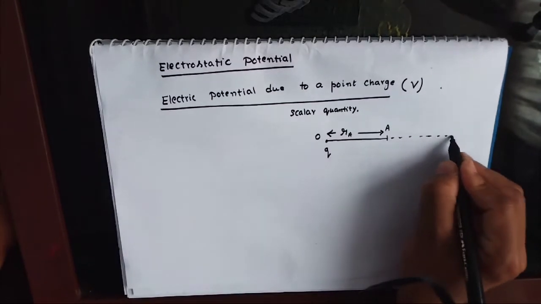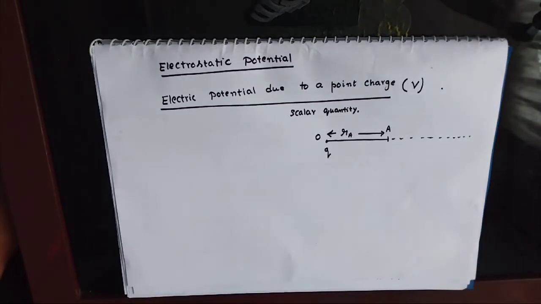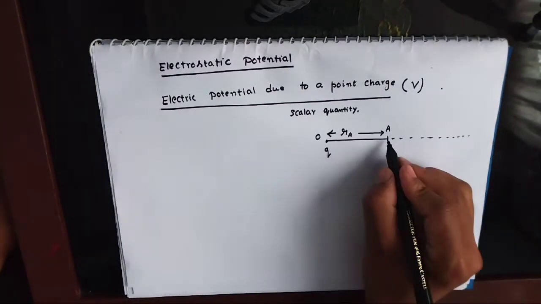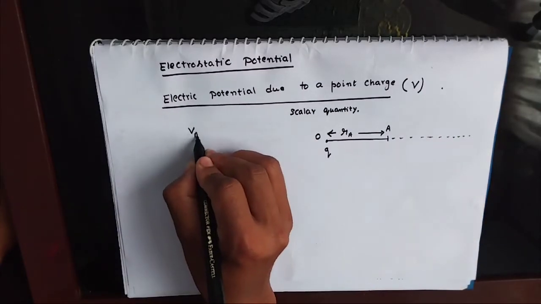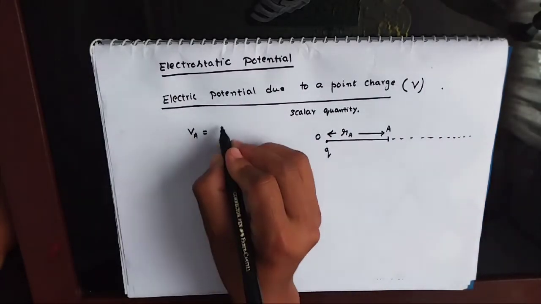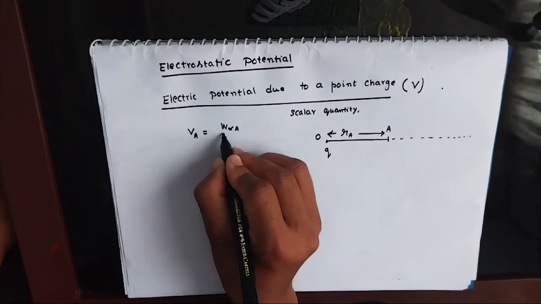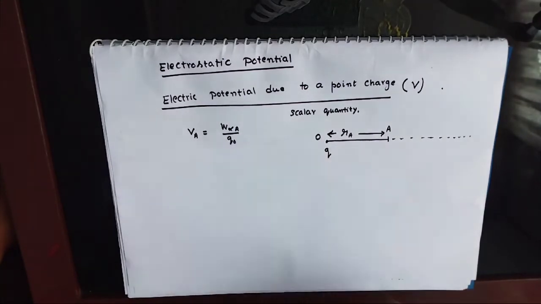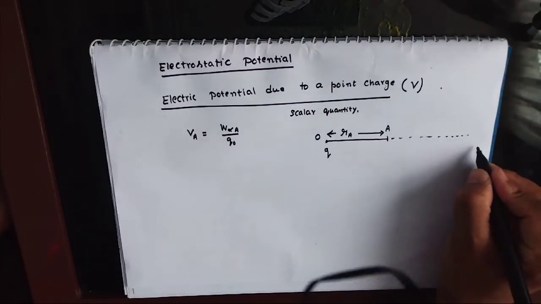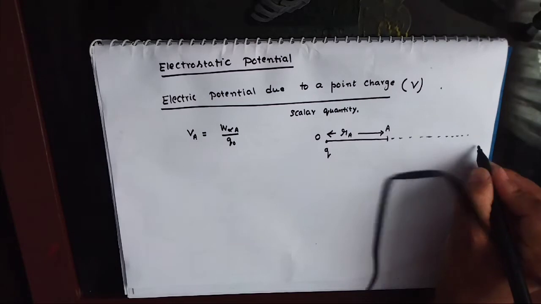So by definition, electric potential at A, so VA, is given by W infinity A divided by Q naught. So this is somewhere at infinity.